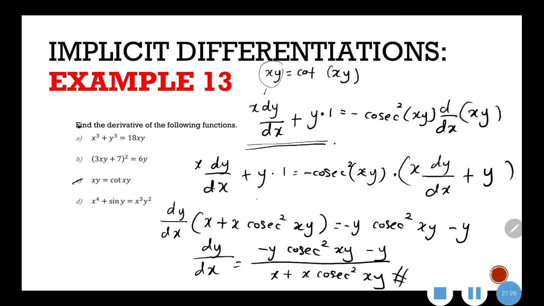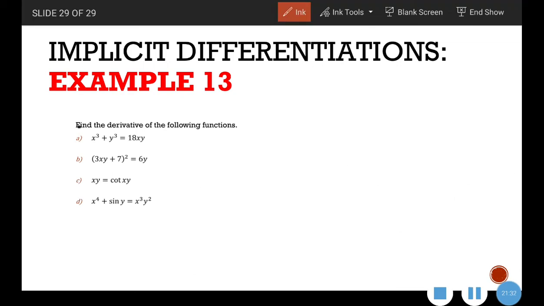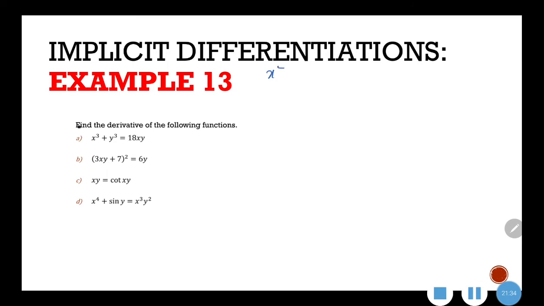Okay, now let's move on to example D. Okay, so for example D, x to the power of 4 plus sine y equals x cube and y square. So the d dx for this should be, okay, d dx of x to the power of 4, you will get 4x to the power of 3, and then for the d dx of sine y, you should get cos y.